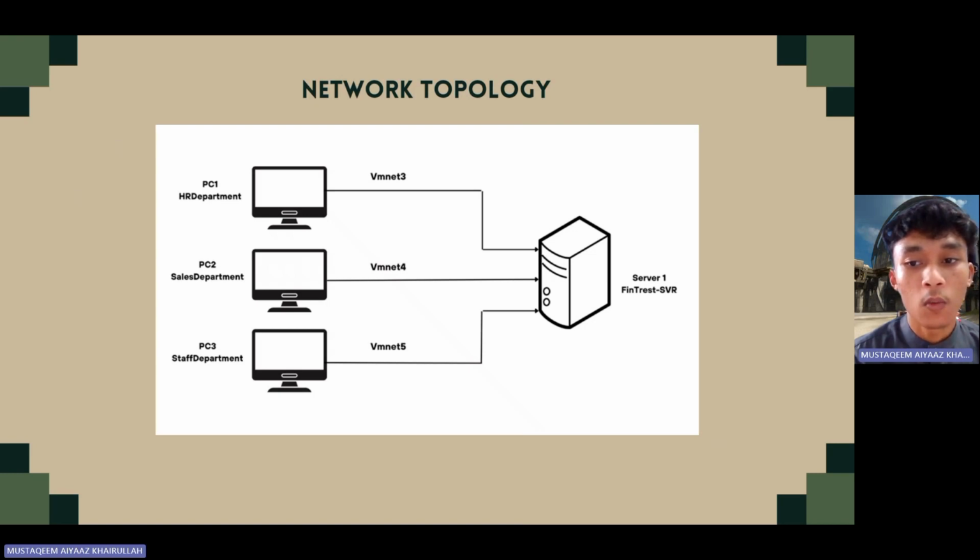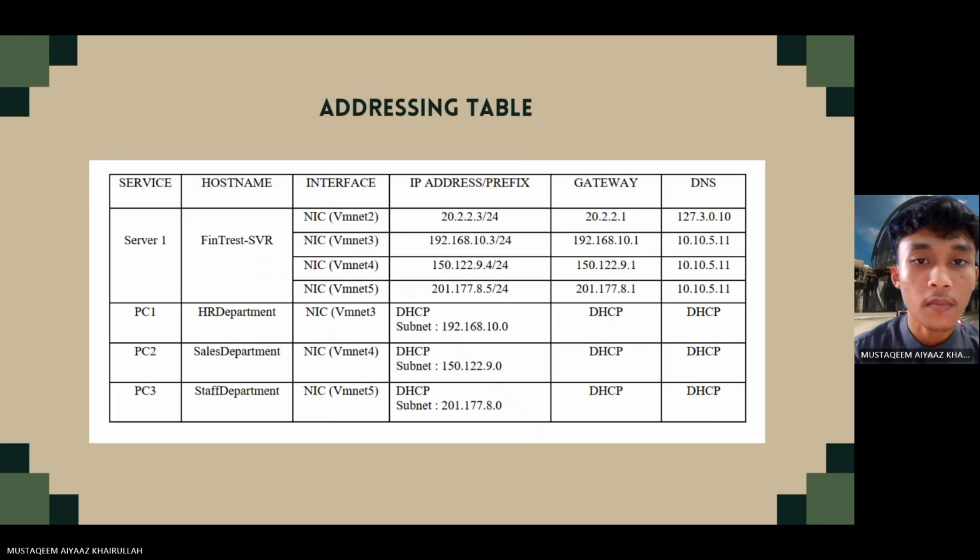So we have one Fintrust server, that's server 1 we use, that has 3 network interfaces, VMnet 3, 4 and 5. So network interface VMnet 3 is for PC1, the HR department, and PC2, the sales department, uses network interface VMnet 4 to connect with Fintrust SVR, and for the last, PC3, the staff department, we use network interface VMnet 5.